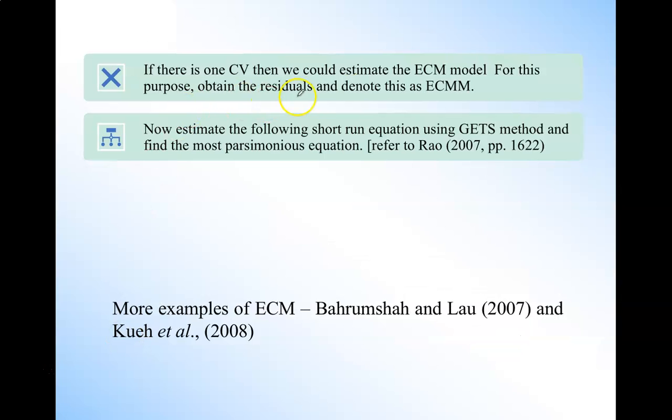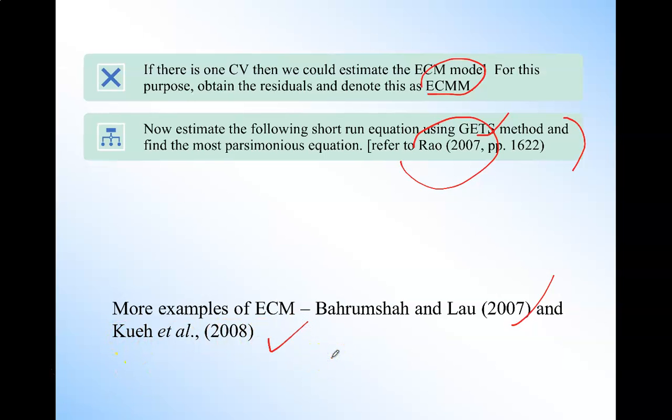If there is one CV, then we estimate ECM, or sometimes we call it error correction modeling, or ECM. This one you can refer back to the Rao article 2007. I'll share it with you in Ellipse. They call it general to specific modeling, or the short run equation. For more examples, you can refer to the article of mine and my ex-supervisor, and Dr. Jerome's article also.